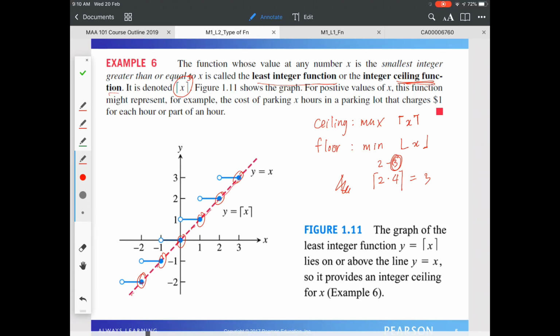Of course, this ceiling function is very useful.